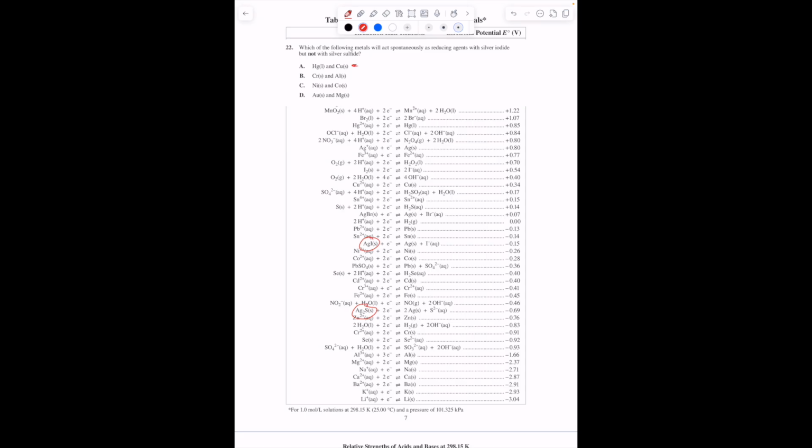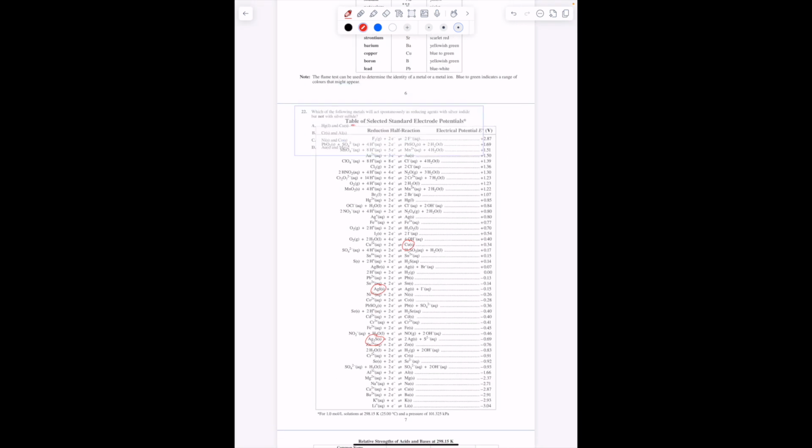So first one, Cu solid is here. Hg liquid, where are you? Hg liquid right there. Okay. So which of the following metals will act spontaneously as reducing agents? So these are my OAs, right? These are my RAs.